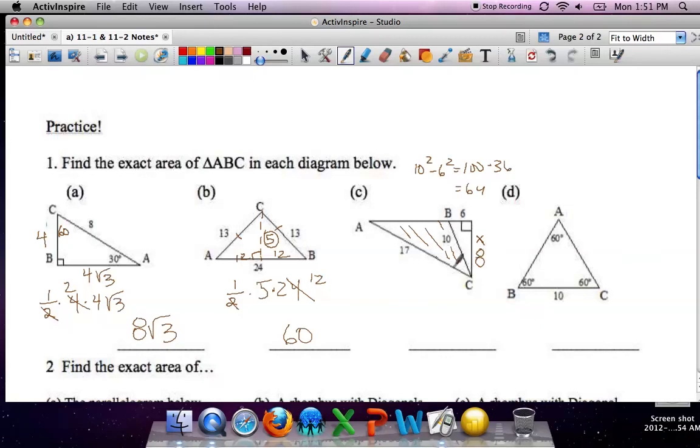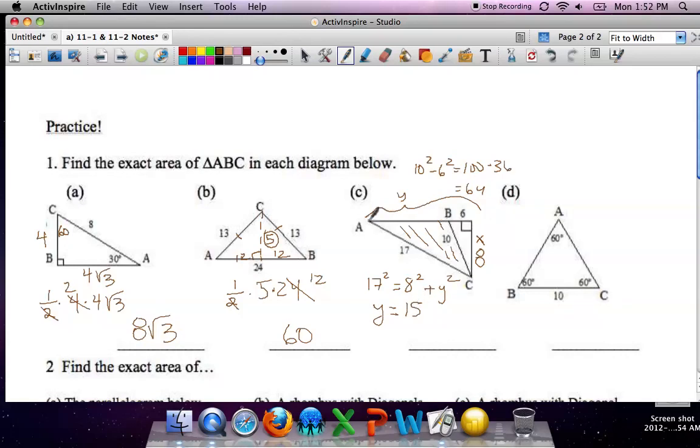Then we can do Pythagorean to get this whole business here. So let's do it. We get 17 squared is equal to 8 squared plus the entire, shall we call it y? y squared. If you do that out, you're going to get y equals 15, the whole length of this whole side.